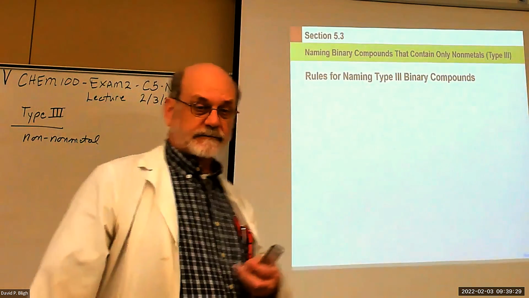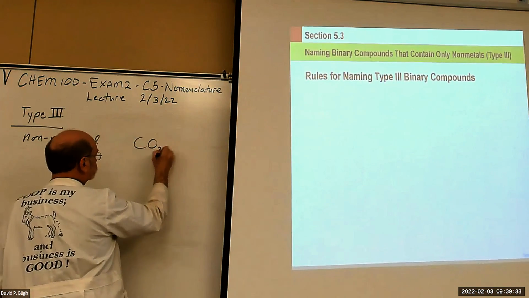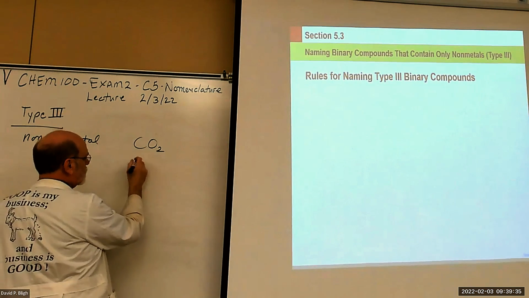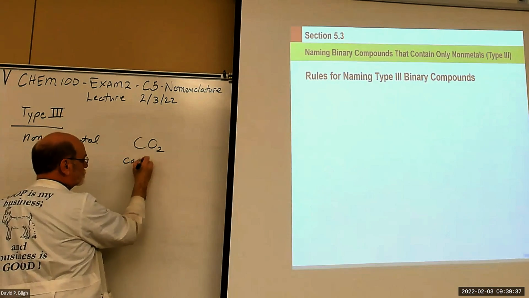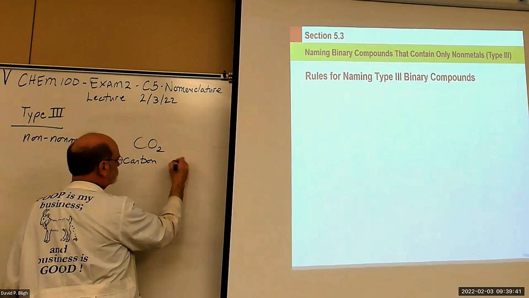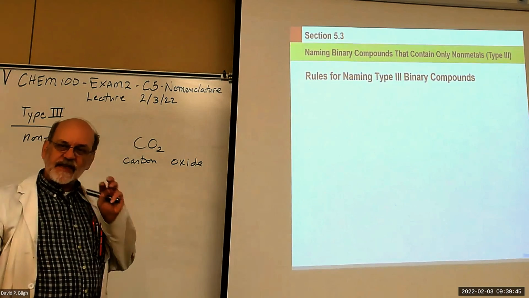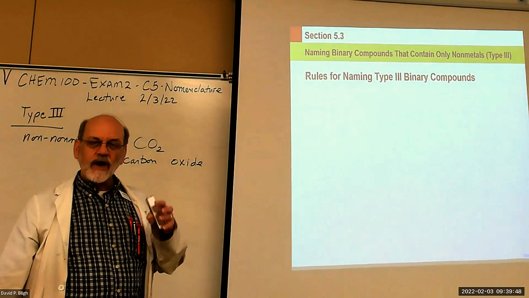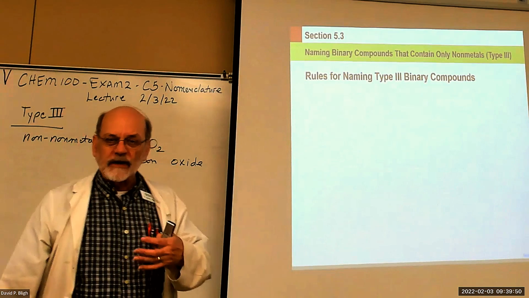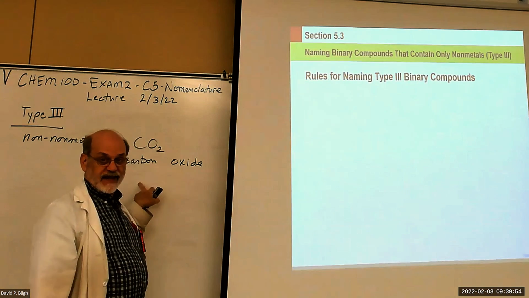But in this case, if we had carbon and oxygen together, we would say carbon first, and then we would say oxide. But since they don't have a charge, there's no way for us to determine the formula from the name.